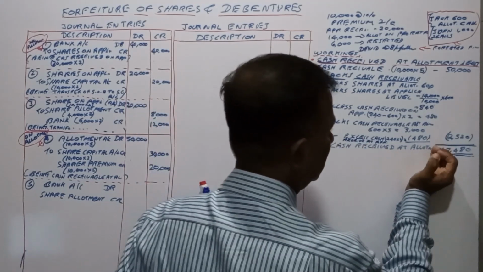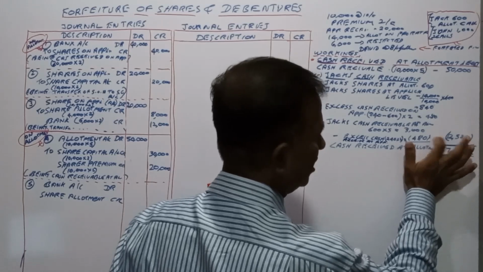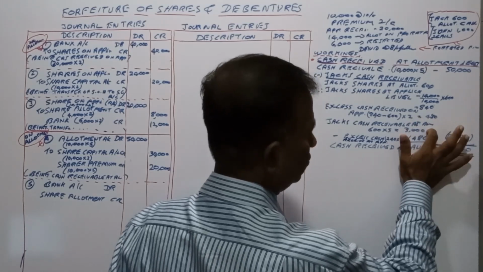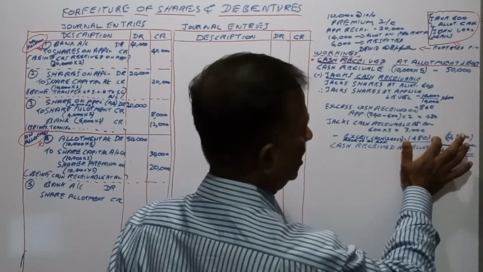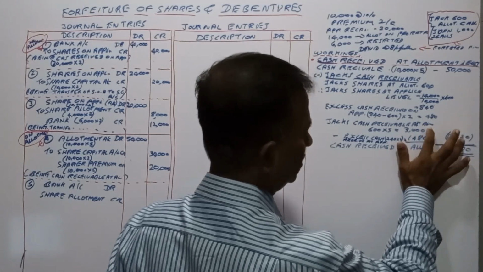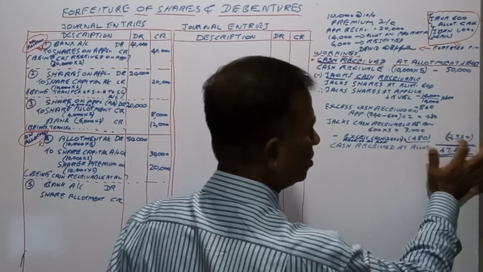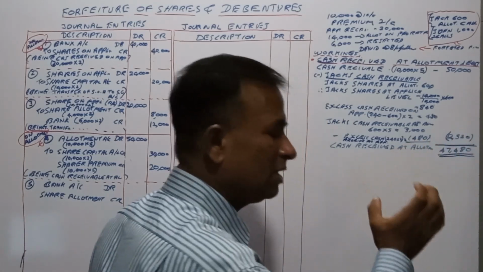We have to deduct 480 because we have received it in advance at application level. This is receivable at allotment level. If you deduct 480 from the 3000, then only 2520 is receivable from Jack.